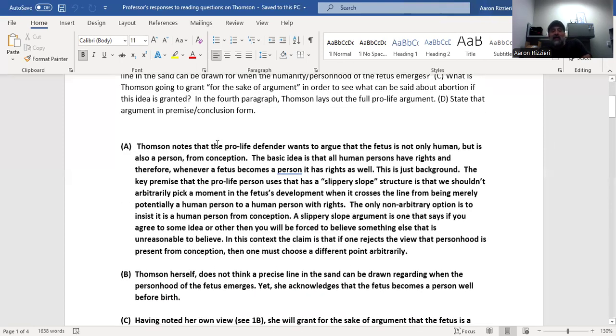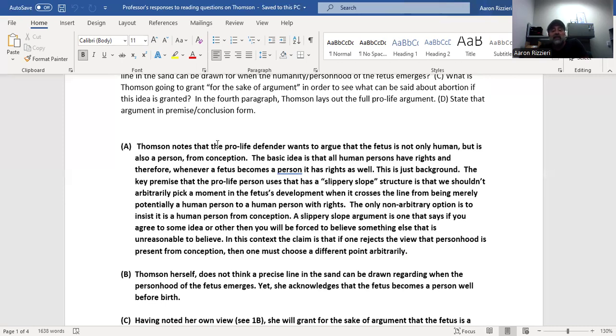So let's look at A here. Thompson notes that the pro-life defender wants to argue that the fetus is not only human, but is also a person from conception. The basic idea is that all persons have rights, and therefore, whenever a fetus becomes a person, it has rights as well. This is just background.